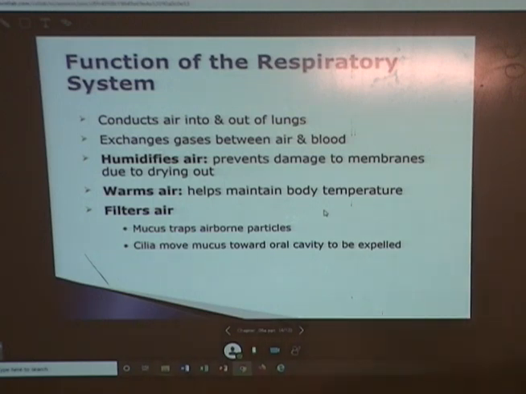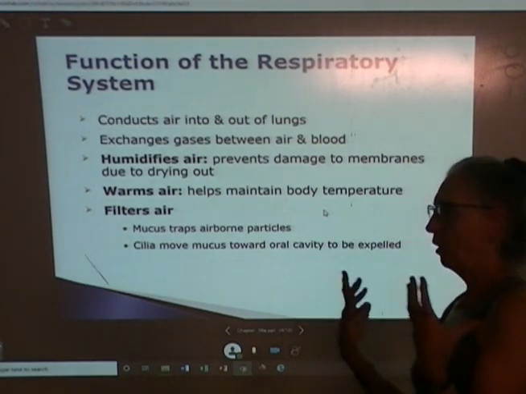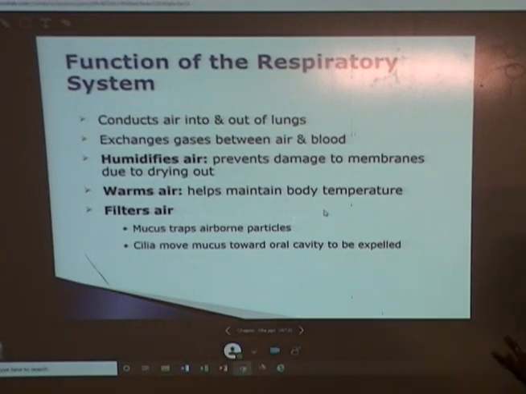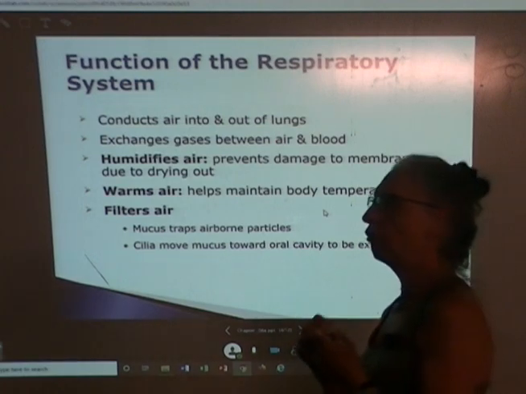So we've got to humidify that air because the lung tissue is very delicate, and it would get damaged very easily. We want to warm the air, particularly during cold weather, so that we don't take in a lot of cold air that sucks away from body temperature. And it's responsible for filtering the air.